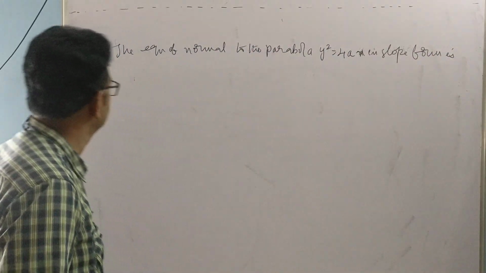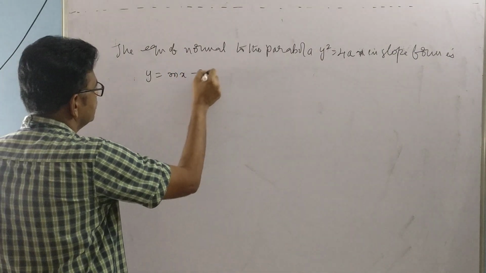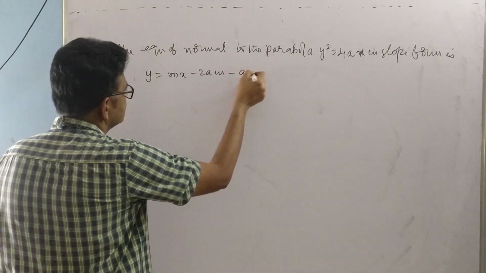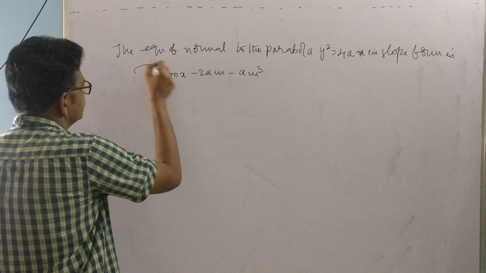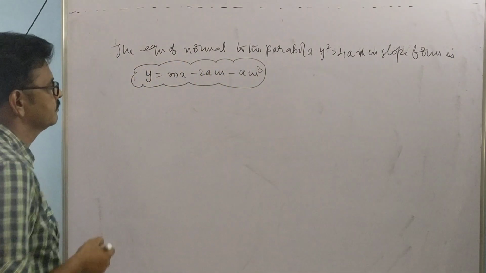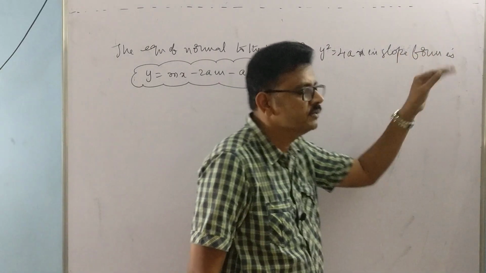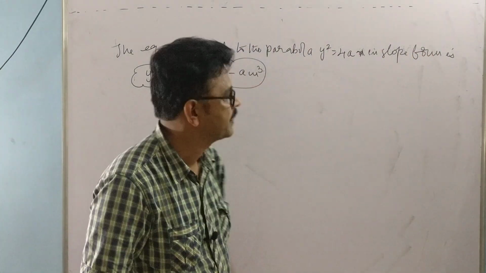In slope form it is y is equal to mx minus 2am minus am cube. Equation of normal to the parabola y square equal to 4ax in slope form.